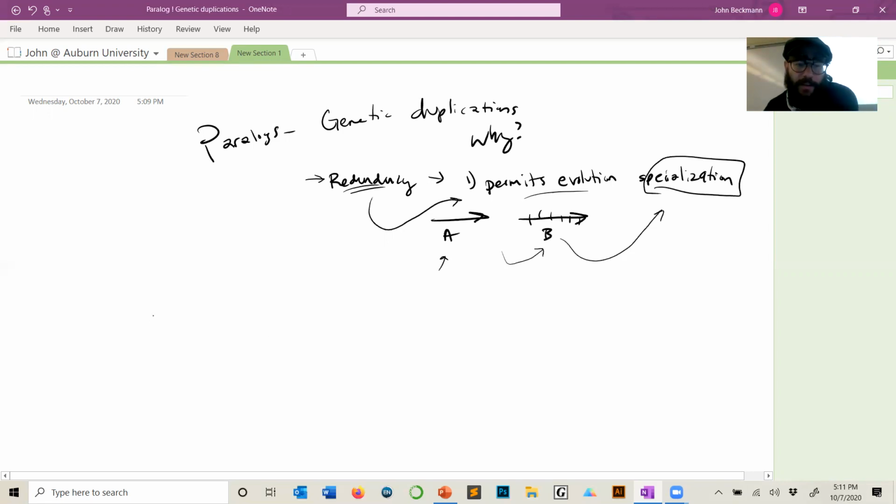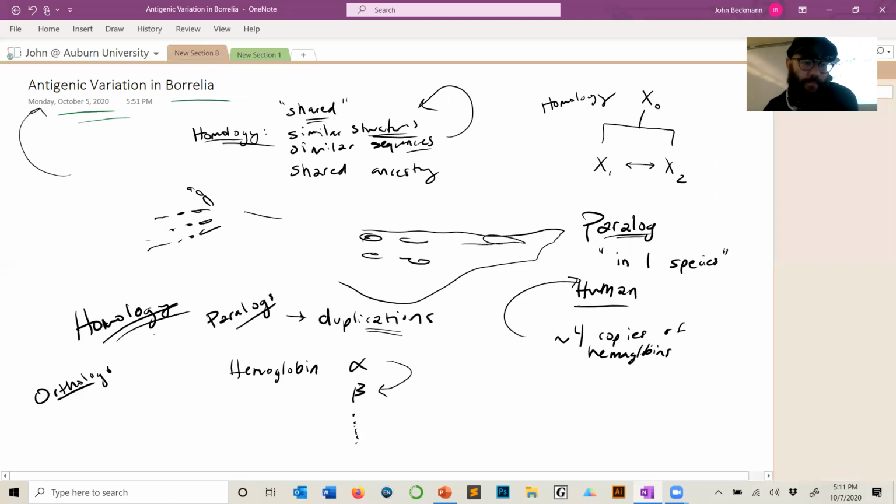Okay, the second term I'm going to talk about now is orthologs. Orthologs are different from paralogs in that paralogs were duplicate copies in one species. Orthologs are the same gene in different species.